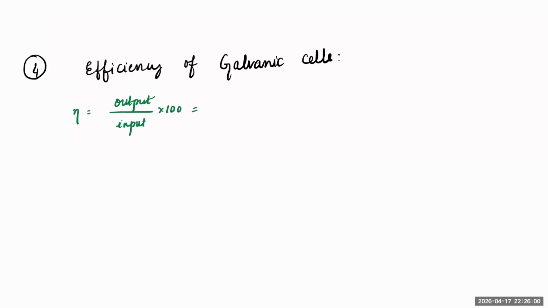The output being the delta G at constant temperature and pressure, which is the non-expansive work done, and the input being the amount of delta H of the cell. So that into 100, which can be written as NF E cell upon delta H into 100.